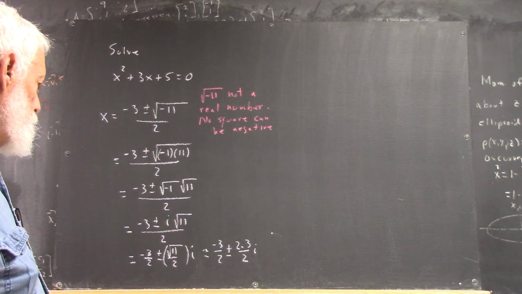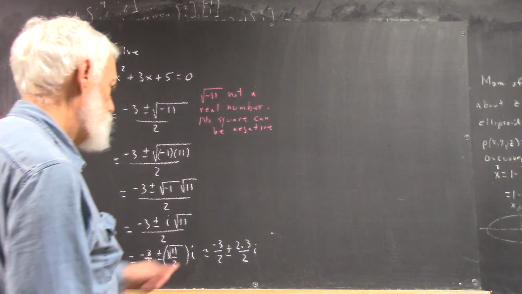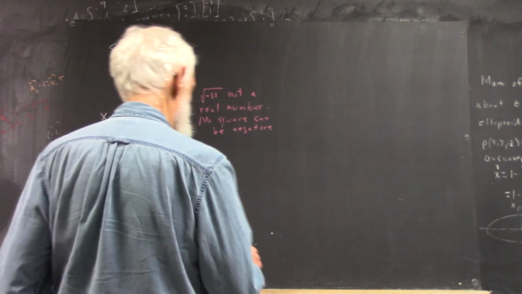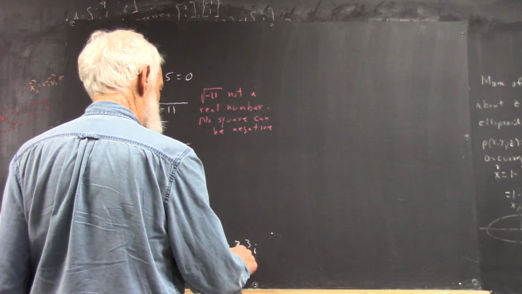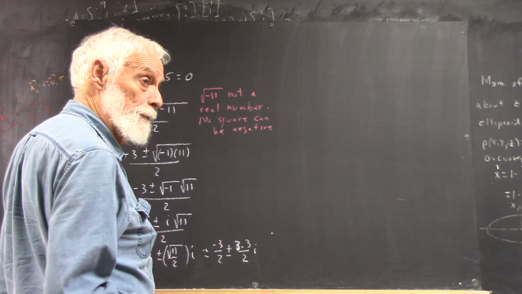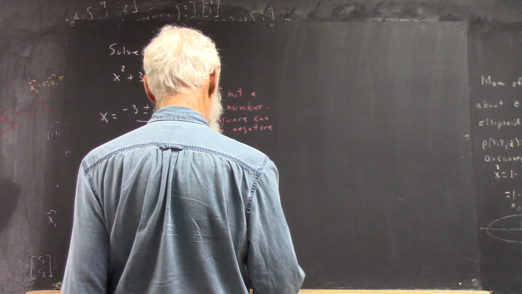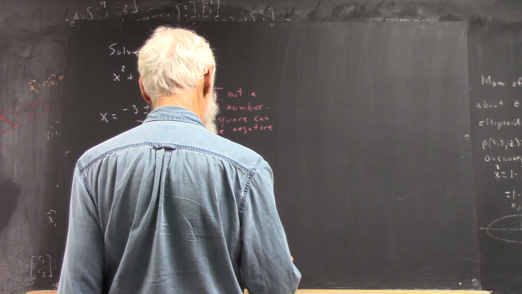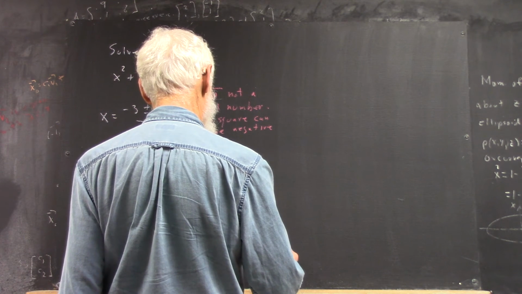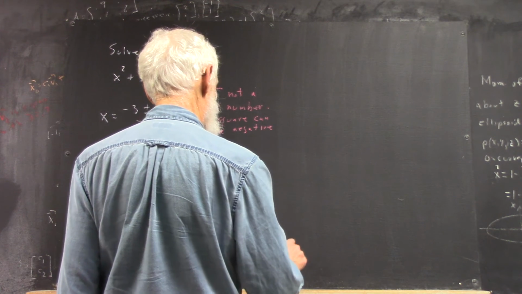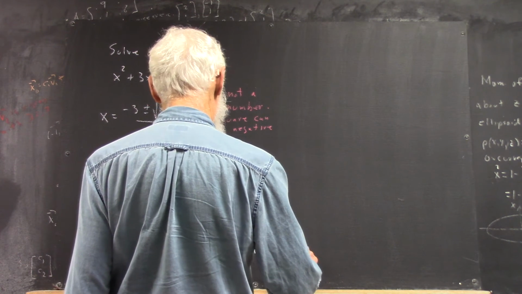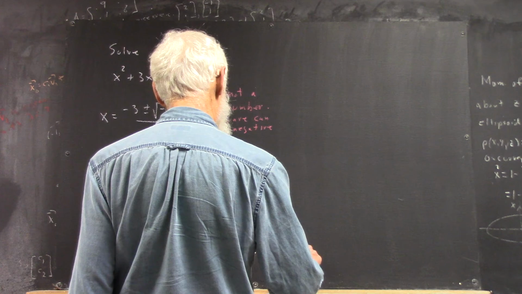And 3.3, not 2.3. If we want to put it into decimal form, then it's about negative 1.5 plus or minus.